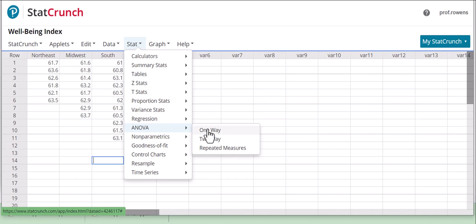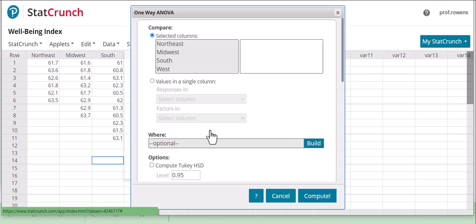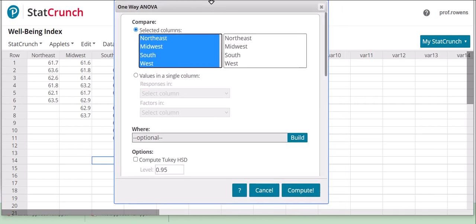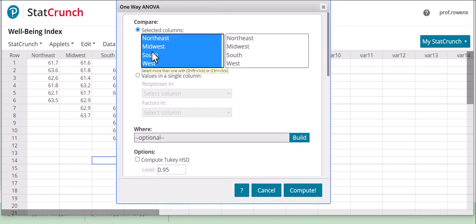But for this class, we're only going to do the one-way. And then we select in this case, all the columns. Depending on what your data look like, you would choose only the columns that you need to do the analysis of variance on. And we select our 4 columns, and that's it. So we compute.